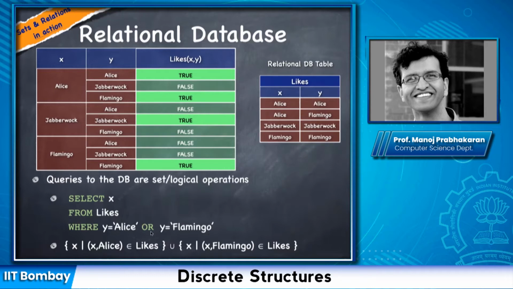So this is just to set the context of where some of these things would show up later on in computer science, but we shall see other aspects also of sets and relations.